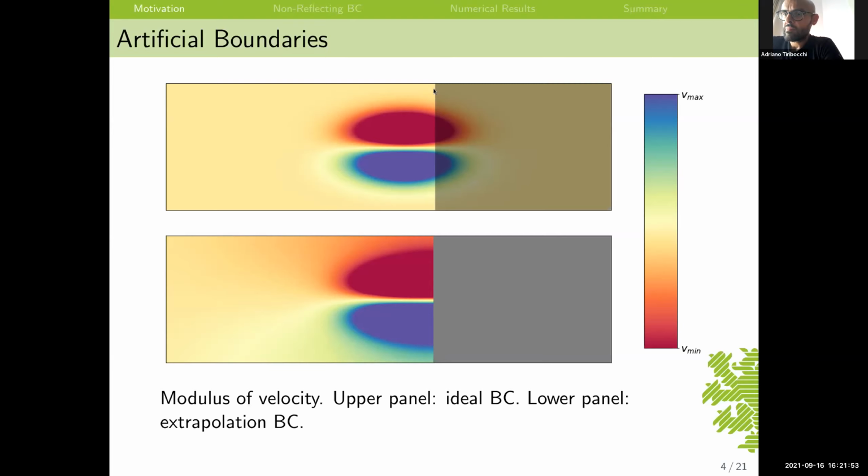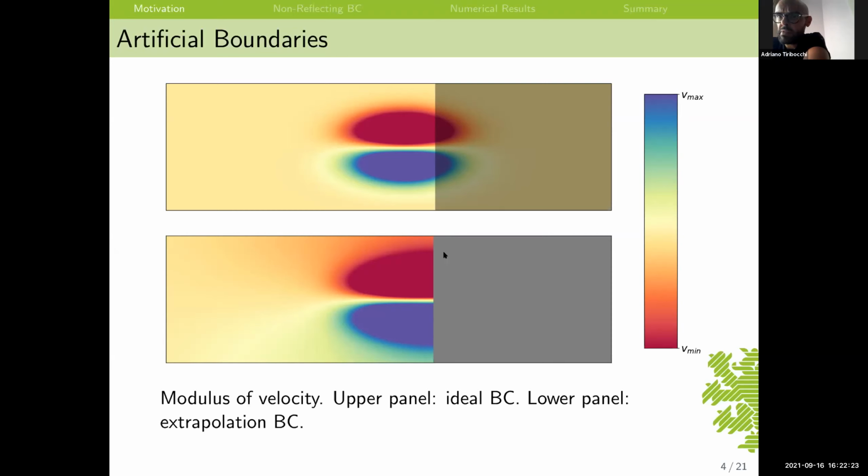To illustrate this concept, let's say we have this flow situation here where a vortex is convected to the right-hand side, and we are not interested in the shaded area here. So we actually want to truncate the computational domain here. If we do this in a naive way, say we put a simple extrapolation boundary condition at precisely this point, then we get away with a smaller computational domain. However, this boundary condition will impose some unphysical behavior.